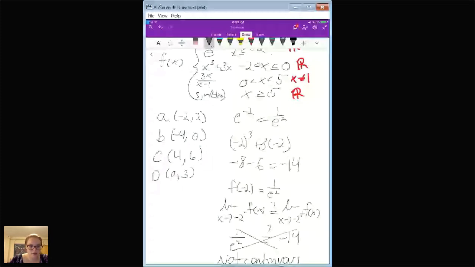Any multiple choice? Okay, yes, I agree with B. So B has an interval that has the point -2 between e to the x and x cubed plus 3x. So it can't really be B, because we know that at -2, it is not continuous.